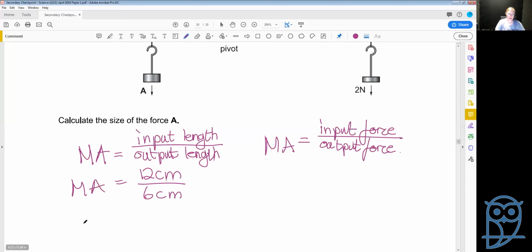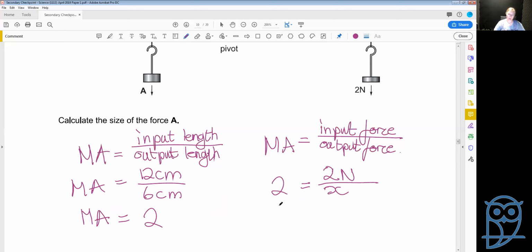So our mechanical advantage here will be 2. So now we know what our mechanical advantage is. Now we can look at this formula. We know our mechanical advantage is 2. Our input force is 2 newtons. And our output force, we still need to calculate, so we can put an x over here so that we can work out for x.